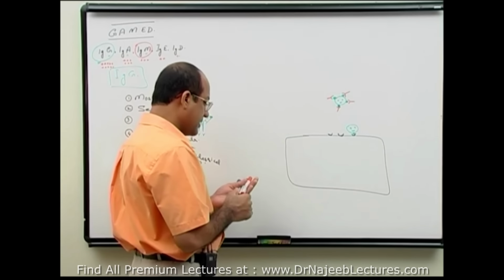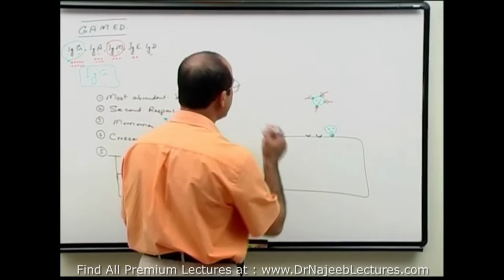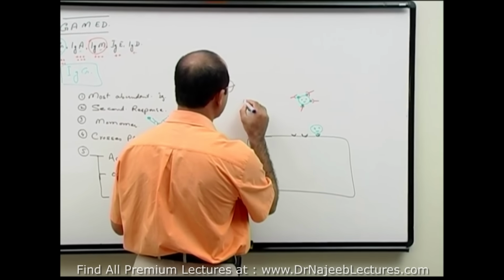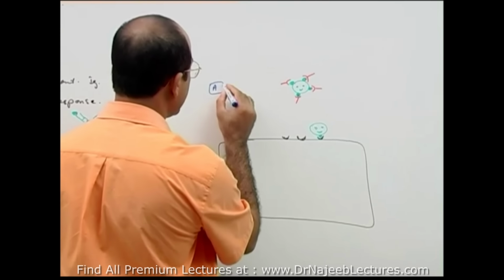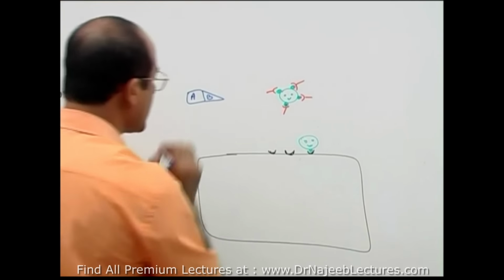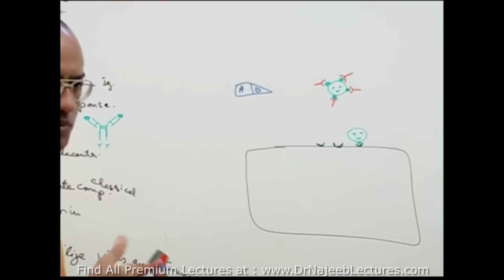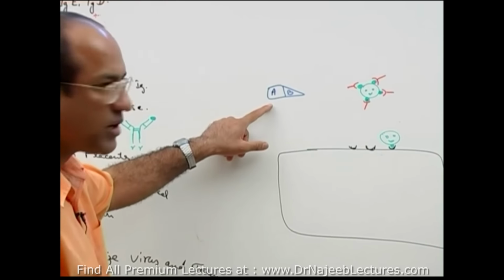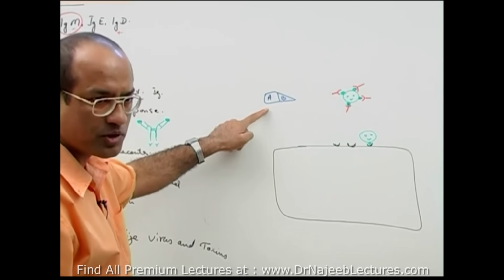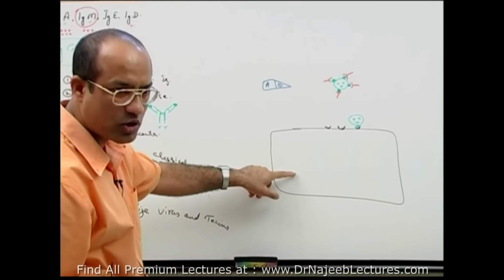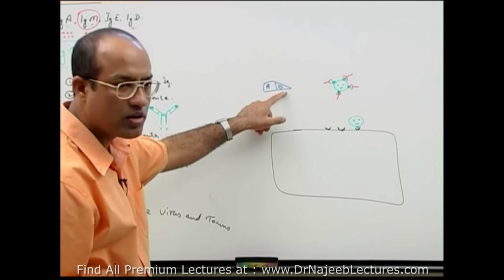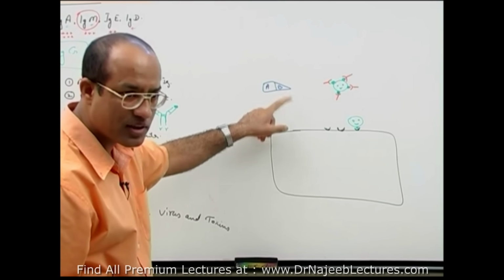In the same way, there are some toxins, right? Let's suppose there is a toxin which has an A component and one more component which is called the B component. Many toxins which are produced by bacteria have an A component, A for action, which produces toxic action in the cells, and B is for binding to the cell.